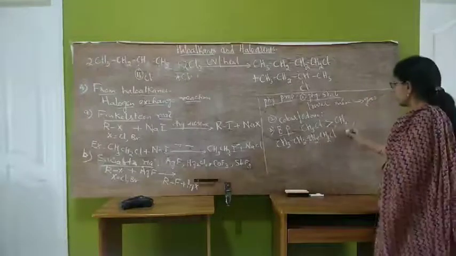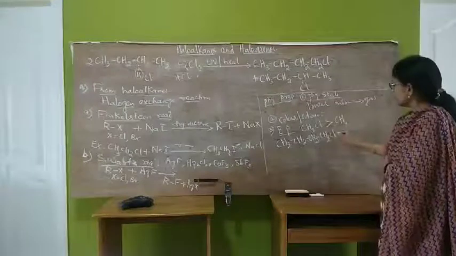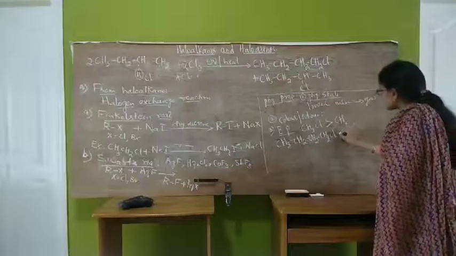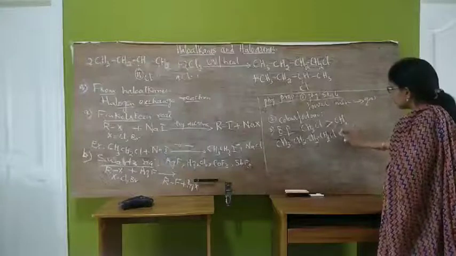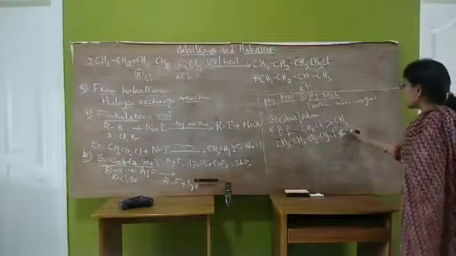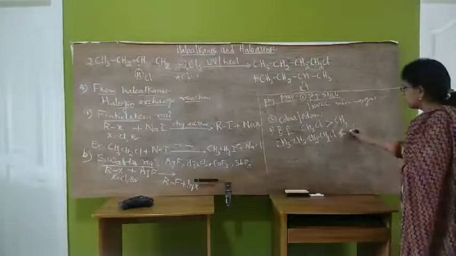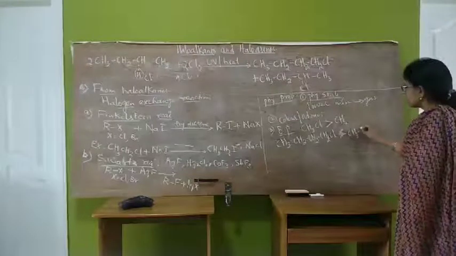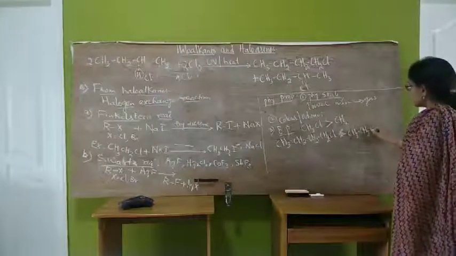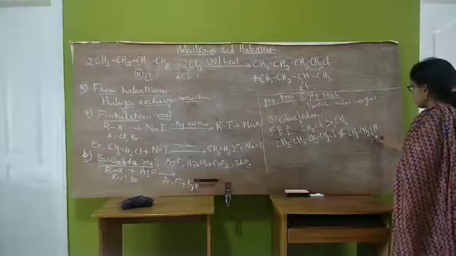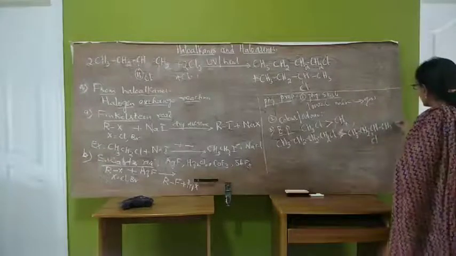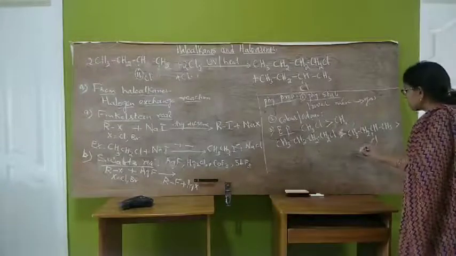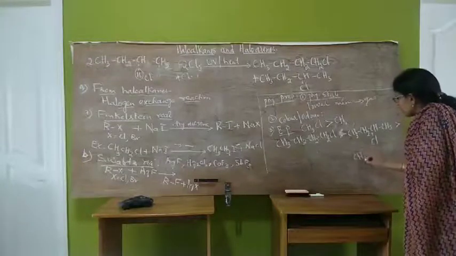N-butyl chloride, that is 1-chlorobutane, has a higher boiling point than 2-chlorobutane, that is CH3CH2CHClCH3, which in turn has a higher boiling point than tertiary butyl chloride.